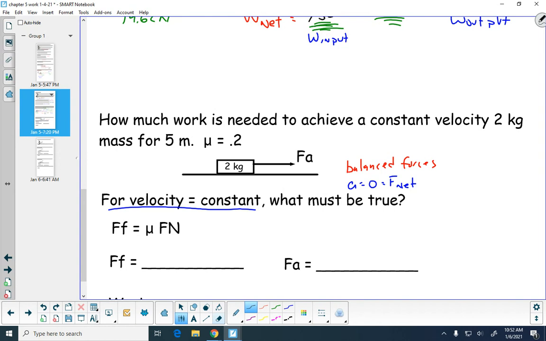Well, if we have no acceleration, it means we have a constant velocity. The object will maintain the same state of motion. We will have balanced forces, and we also call this equilibrium. And all those are connected together. So our force net must equal 0. Our acceleration must equal 0.